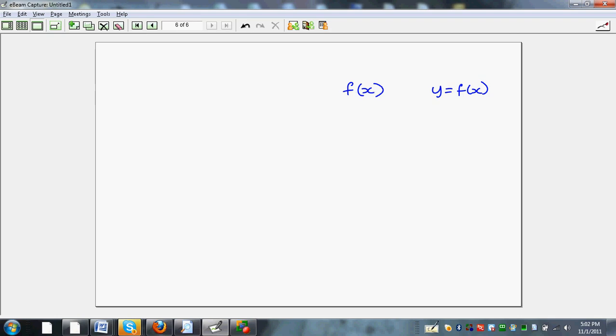That is, i.e., the value of f of x for a given value of x.